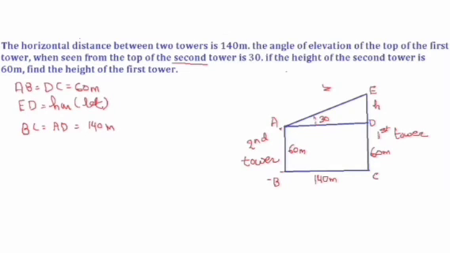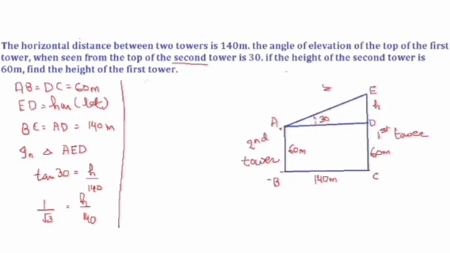Now what we can have is, in triangle AED, I can take tan 30 equals to perpendicular is h and base is 140. tan 30 is 1 over root 3 equals to h upon 140, or h can be written as 140 by root 3.